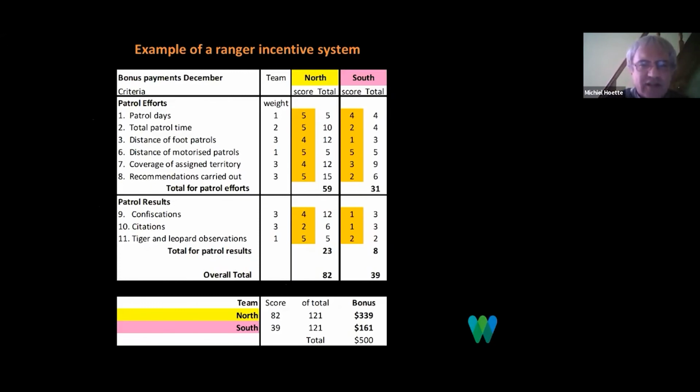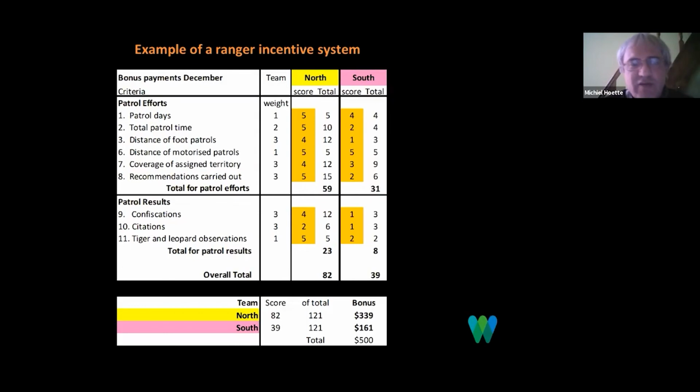One is a system like this, where you divide a fixed sum, for instance, $500 in this case, over 2 teams based on their relative performance. So the total is fixed, but the division between the 2 teams depends on how a team performed relative to the other team.